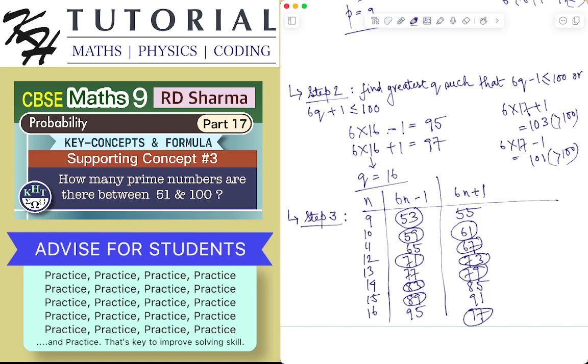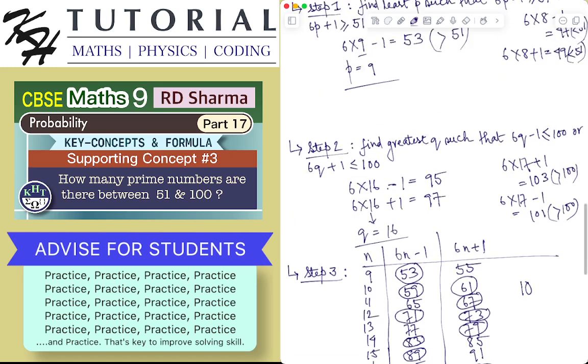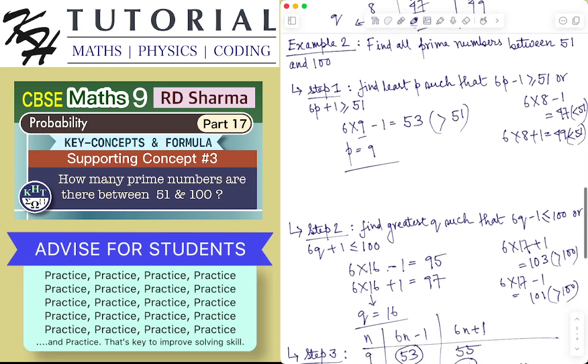So how many prime numbers are there? 1, 2, 3, 4, 5, 6, 7, 8, 9, 10. So there are 10 prime numbers between 51 and 100.